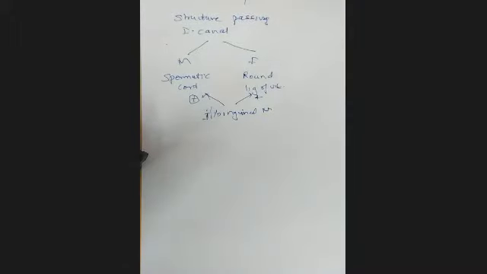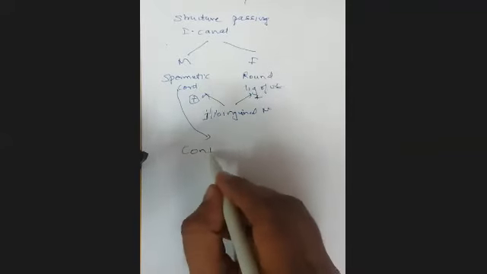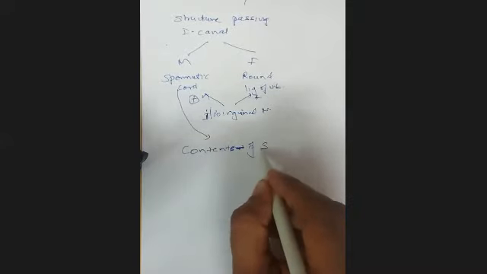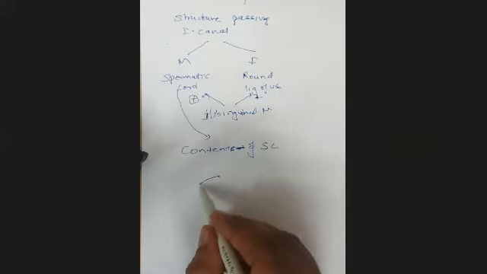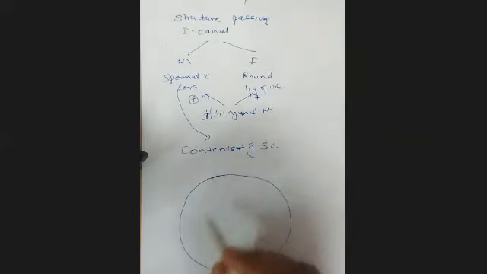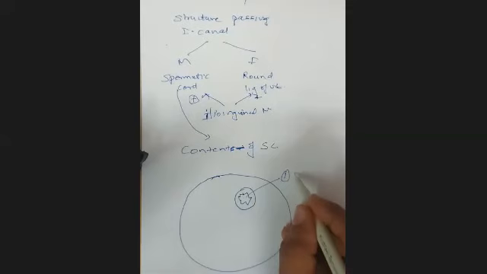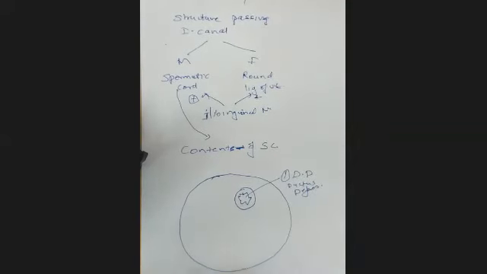What is there inside the spermatic cord? The contents of the spermatic cord. Now the main content of the spermatic cord, of course, will be the ductus deferens, right? So number one comes the ductus deferens. Now, where is the spermatic cord going?